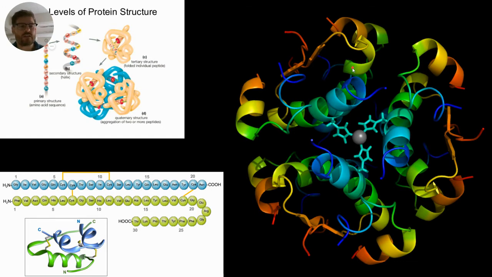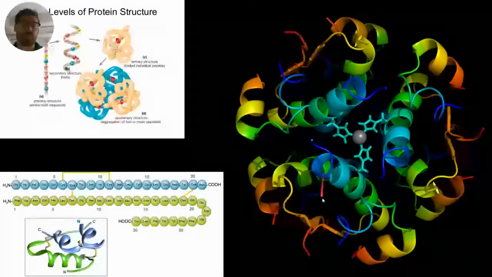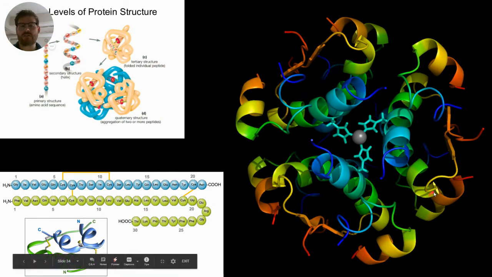That created a stronger interaction between these two proteins here, so the whole complex held together longer, which meant that the drug would last longer in people's bloodstreams. Because it lasted longer, someone who had diabetes could take a shot maybe once a day or even once a week, and it would still be effective in their system.